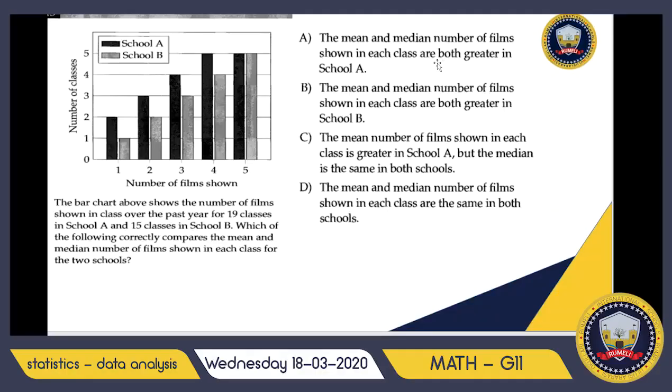The first one says that the median and the mean in A are bigger than in B. The second one says that in B we have a bigger mean and median. Option C says the mean of A is bigger than the mean of B, while the median is the same in both schools. Option D says the mean and median numbers of films in these classes are the same in both schools.